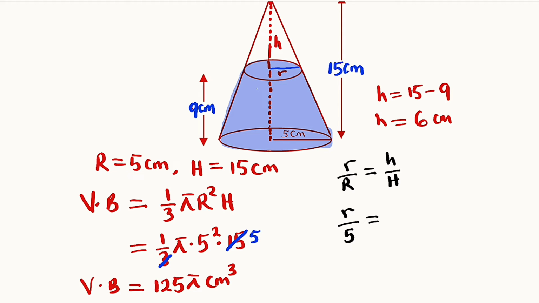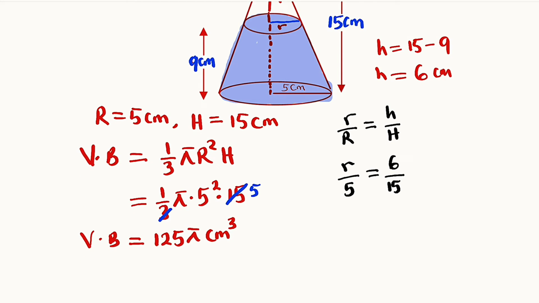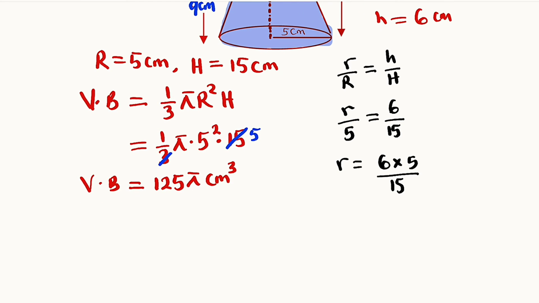This is equal to small h, which is 6, out of the bigger h, which is 15. Therefore, small r will be equal to 6 multiplied by 5 divided by 15. 6 multiplied by 5 is 30, divided by 15 is equal to 2. Therefore, small r is equal to 2 centimeters.